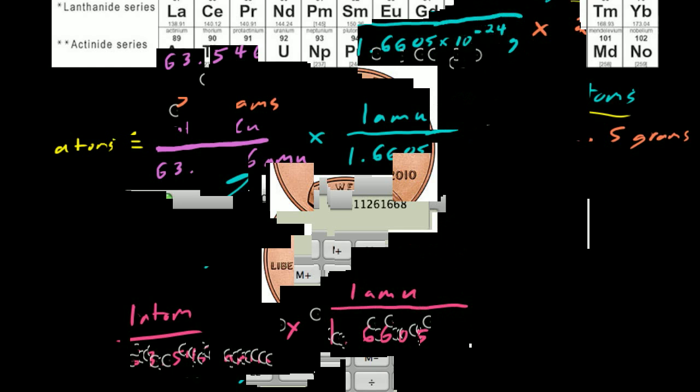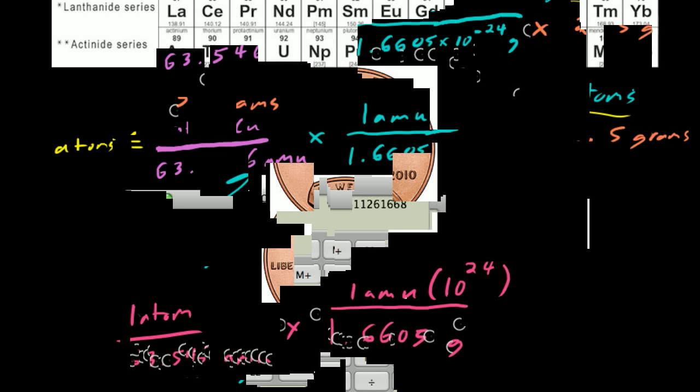Because this is a negative exponent, I can make it a positive exponent and multiply it up here, times 10 to the 24th. So I could say that 10 to the 24th atomic mass units is going to be equal to 1.6605 grams. So I'm able to do that.